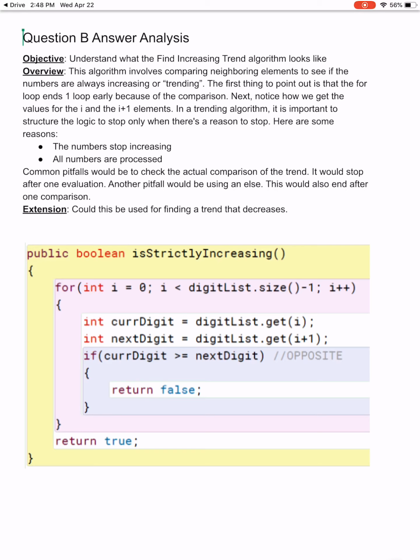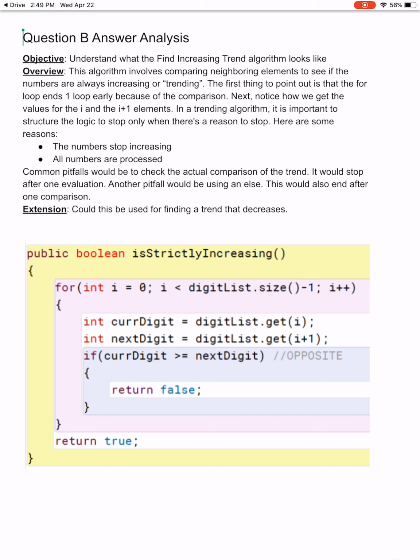We also talked about the logic for a little bit in the previous video. So this one, it's going to be if current digit is greater than or equal to the next digit. Notice how that's the opposite of what we're looking for. This is going to return true if the values are increasing. But if the current digit is greater than the next digit, that means it is not increasing.